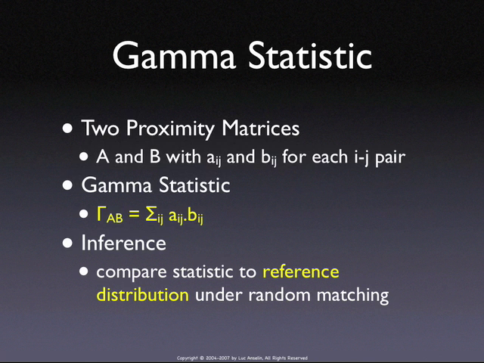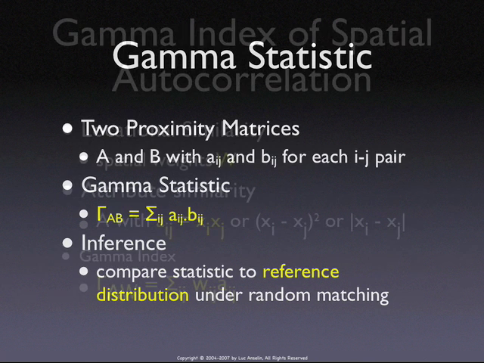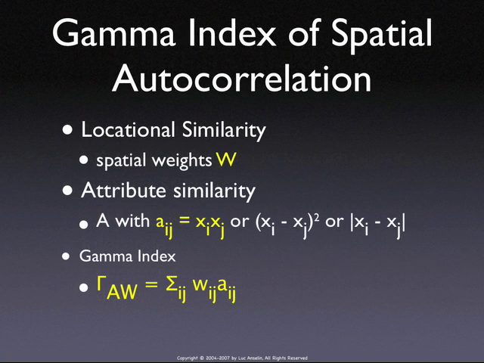Now, how does this then become a spatial autocorrelation test, or a test for spatial matching? It's very simple. What are A and B? Instead of A and B being some kind of psychological proximity matrix, we take A as a value attribute similarity, and we take B as locational similarity. Remember, that was the fundamental definition that we used for spatial autocorrelation statistics generically: some combination of attribute similarity with locational similarity.